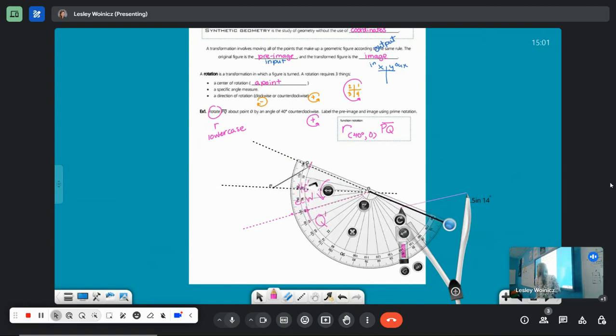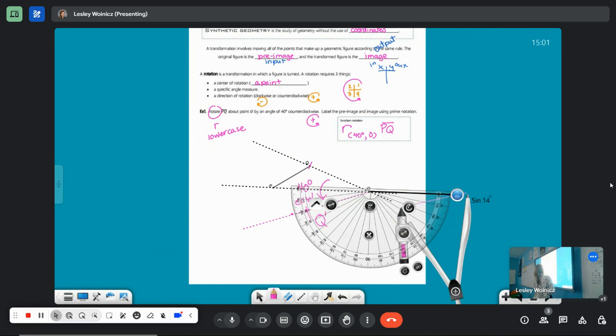The center goes on O. This time it's point P that we put on 0 degrees.